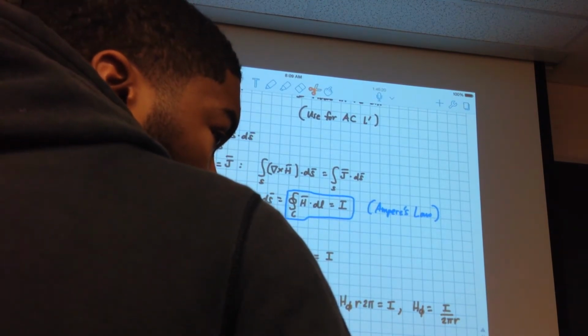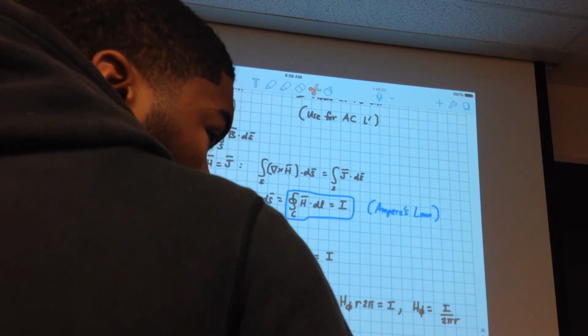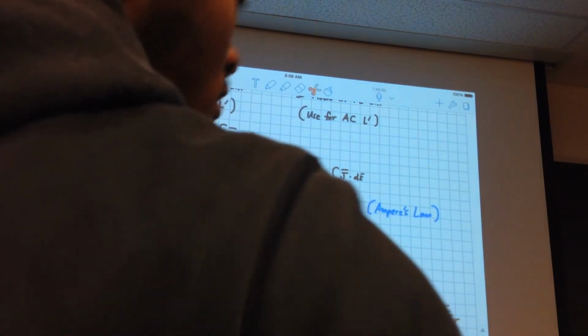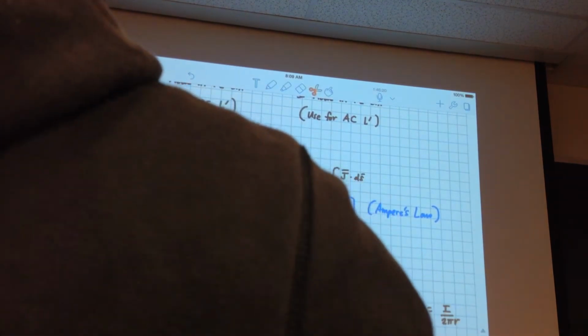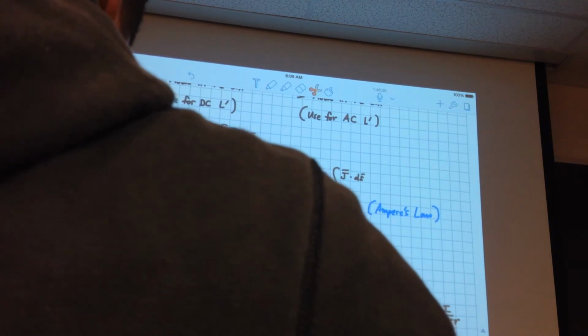dl in cylindrical coordinates around this contour is phi hat r dφ. And then the current enclosed inside of this contour is just the current I. Okay, so that's your contour, and then the current I is what's enclosed inside of that contour, and that's what appears on the right-hand side.